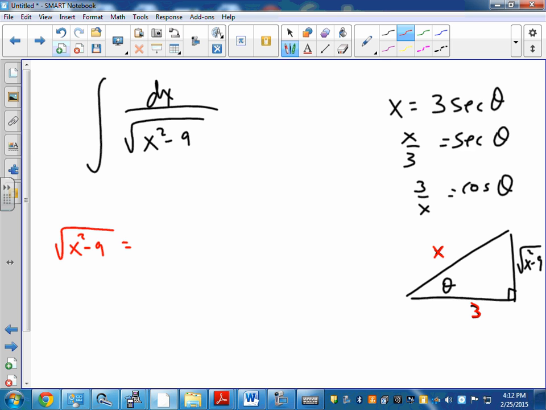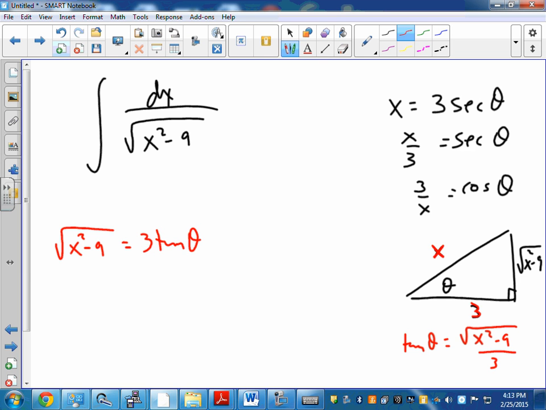That's not what I want. I want the tangent of theta. Let's do that, because I really want to avoid the x if I can help it. So the tangent of theta is the radical x squared minus 9 over 3. So the radical itself is 3 tangent of theta. That takes care of the radical.